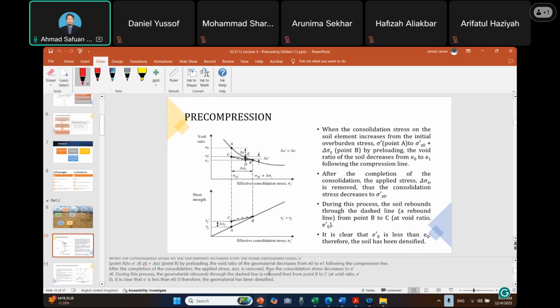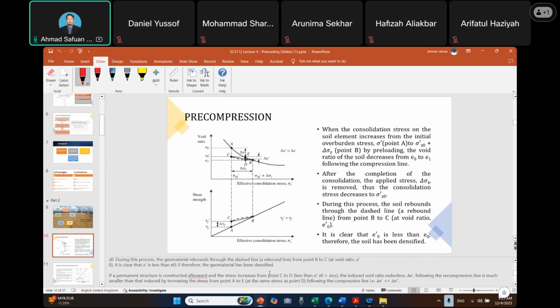So that is the first concept of the preloading process.